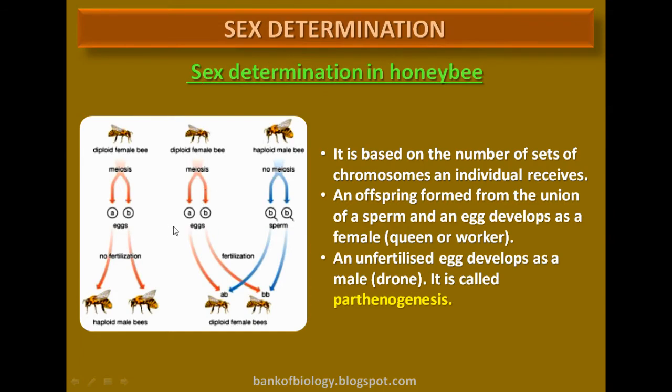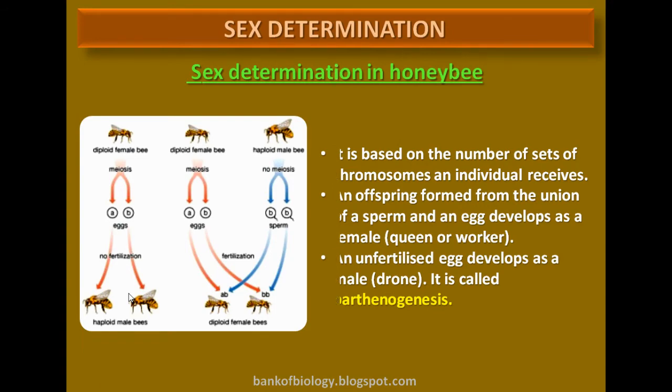So the female is forming eggs and the male is forming sperms. And if there is fusion of eggs and sperms, we get the female queen or worker. But if a diploid female bee is producing eggs, and the unfertilized eggs develop into haploid male bees, we get the drone or male.